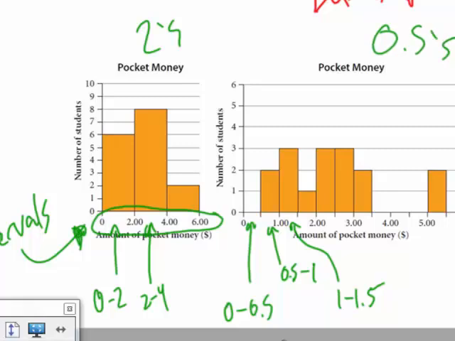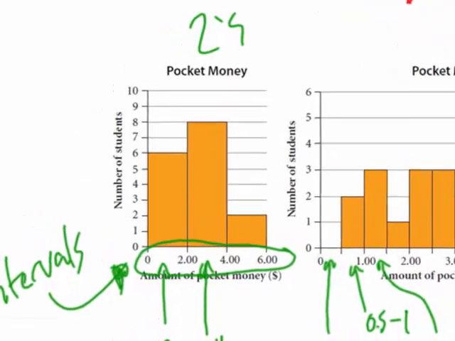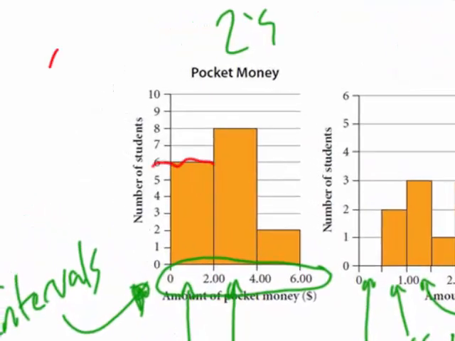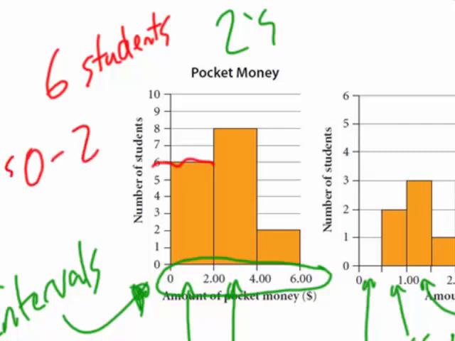And so how that affects things, let's take a look. For example, in our first graph, you see how it says there were 6 students that had pocket money from 0 to $2. So there were 6 students that had anywhere in there, right? One of the students could have 50 cents, another student could have had $1.20, another student could have had exactly $2.